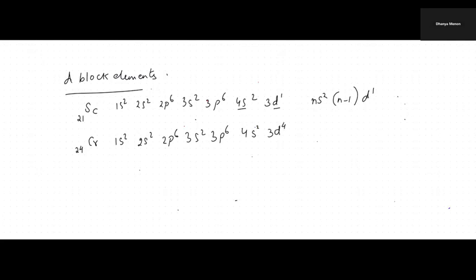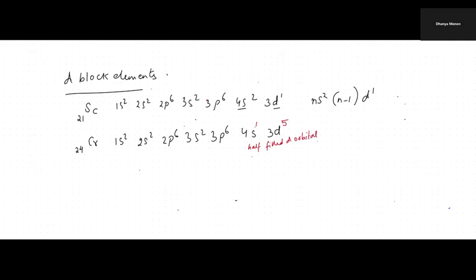Is this what it should be, or what should come over here? Chromium is an exceptional case we discussed, because chromium has half-filled d orbitals, because that makes it a stable configuration. So this is a half-filled d orbital. Anyway, it is filling the d orbital, so it's a d-block element.